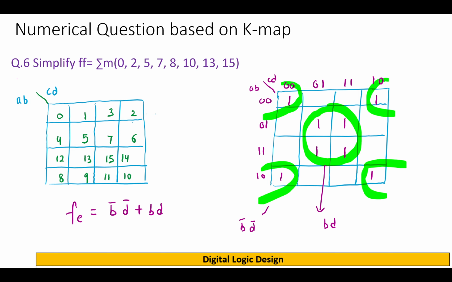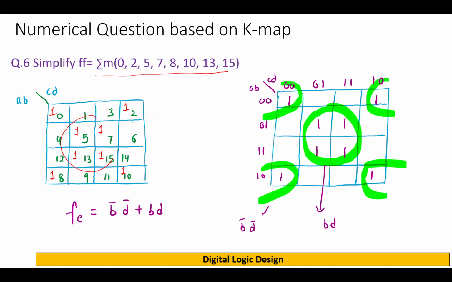Suppose that this is the Boolean function I gave to you. We have included all the 1s here, because we get 1 at 0, 2, 5, 7, 8, 10, 13, and 15.